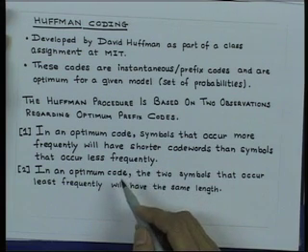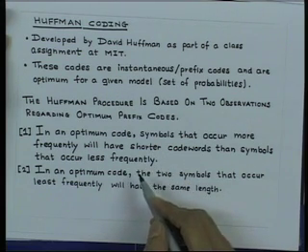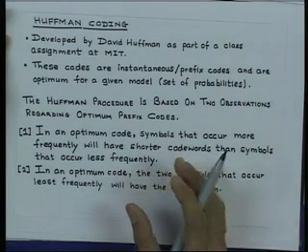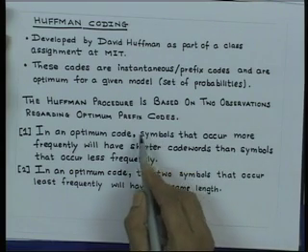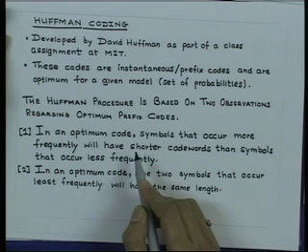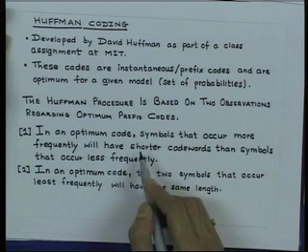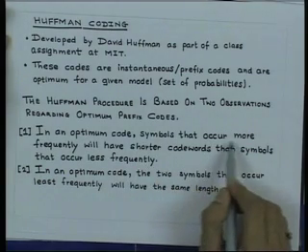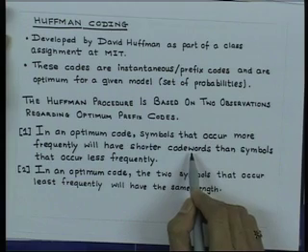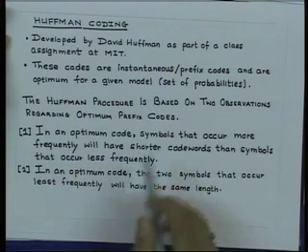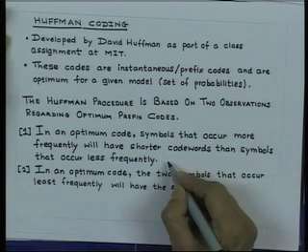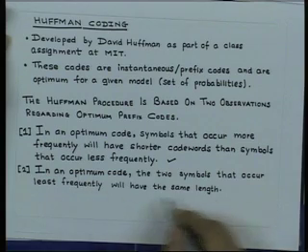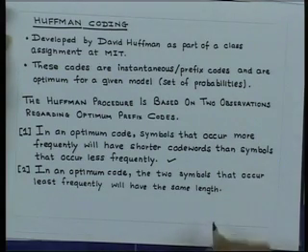Then on the average the code word length of such a code would always be larger than if the conditions were reversed. Therefore, a code that assigns longer code words to symbols occurring more frequently cannot be optimum. So this is true.